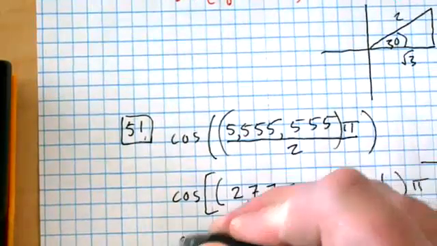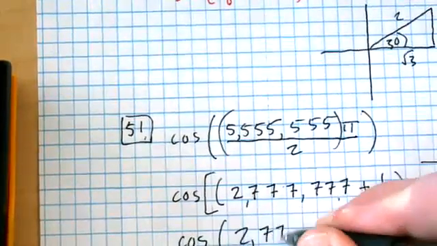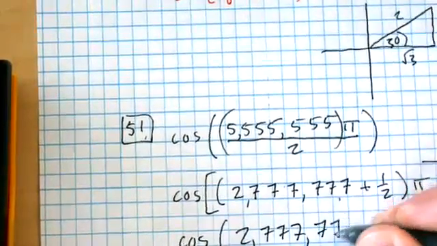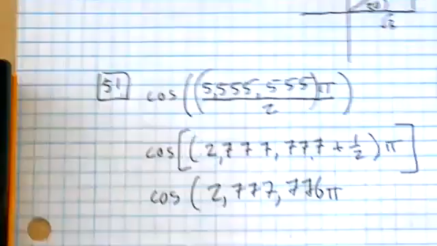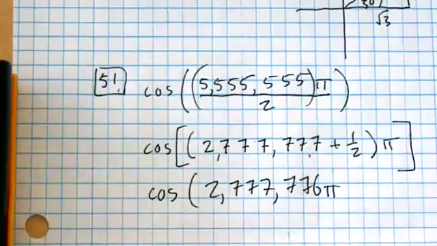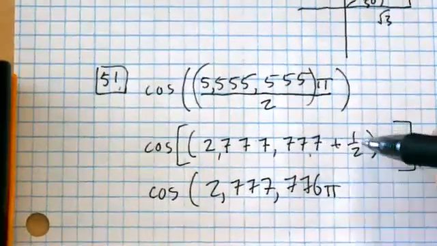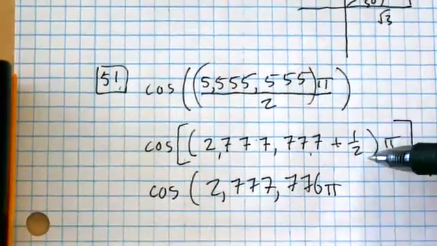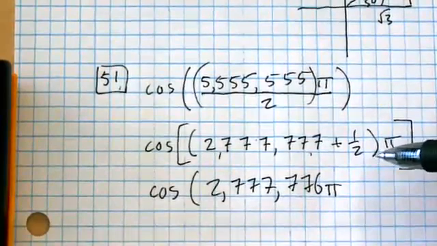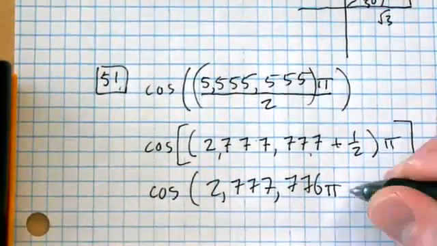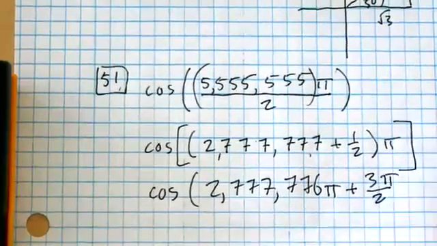So I'm going to pull another one off of here. I'm going to think of this as the cosine of 2,777,776 pi. So there's my whole bunch of times around the circle, but ending up at the same spot. And then I pulled one off of here, so I'm going to put that one onto here. So I've got 1/2 plus another one would be 1.5, right? What's that as a fraction? 3/2 pi.